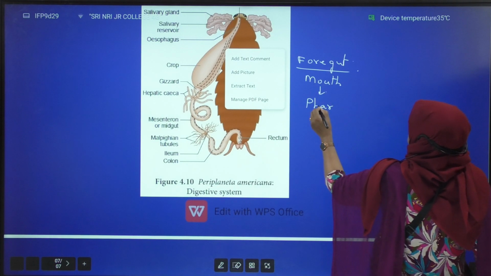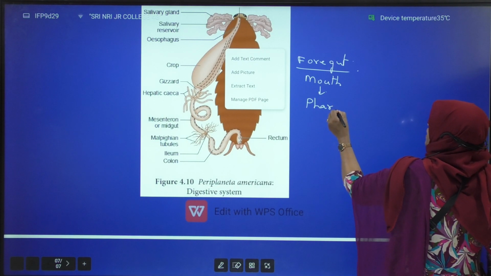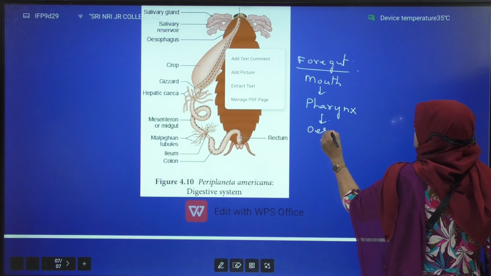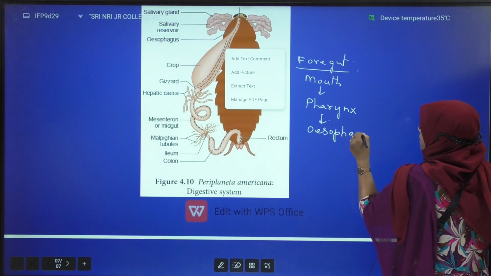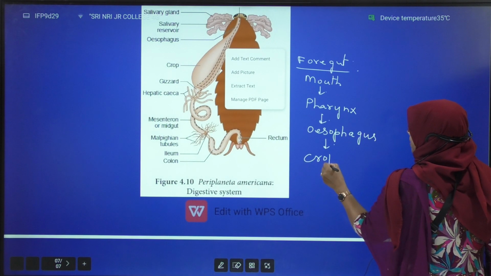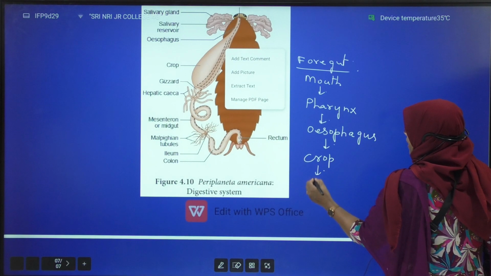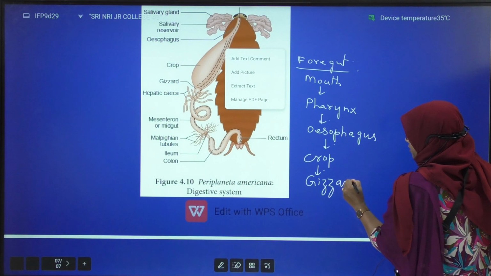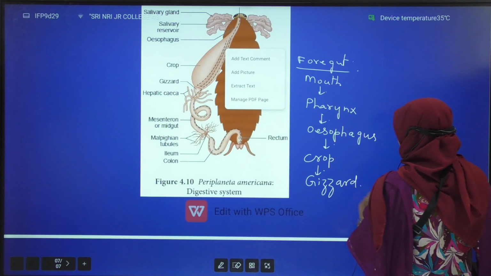Foregut starts with mouth, and mouth leads into pharynx. Pharynx leads into esophagus, and esophagus into crop. Behind the crop, gizzard is present. Gizzard is the last part of the foregut.